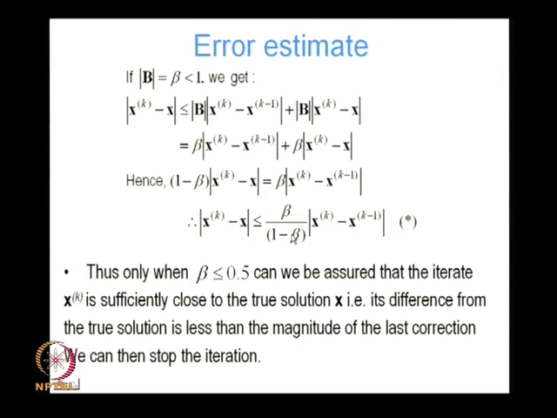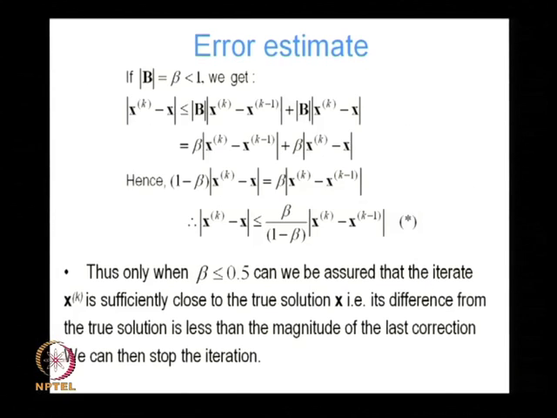If this factor is less than 1, that means this difference is less than the magnitude of the last correction. So, once we satisfy that criterion, we can stop our iteration. We say that our solution x_k has almost converged because x_k is closer to the true solution than the change from the last iteration value. So, that is when it has converged.